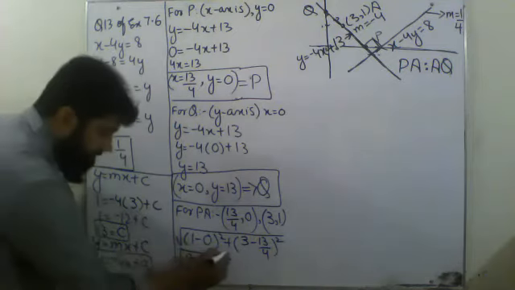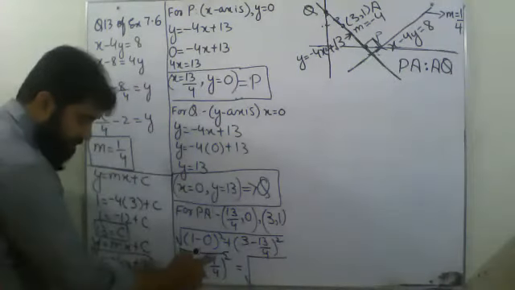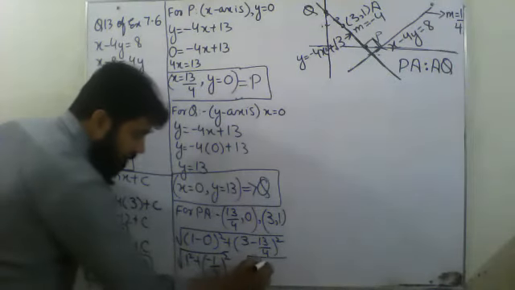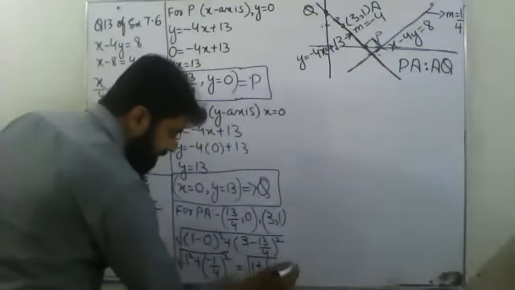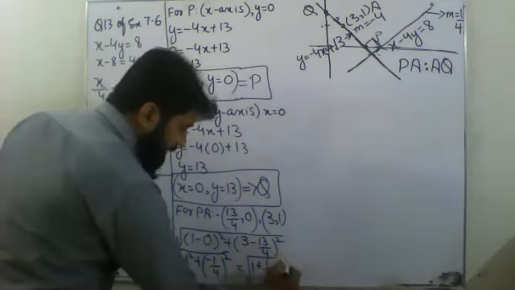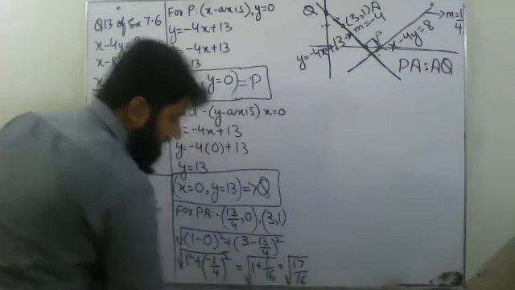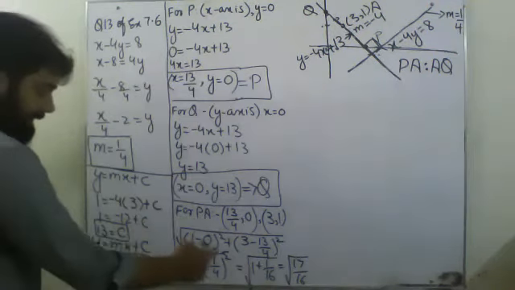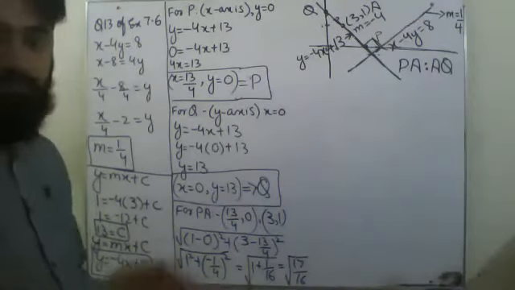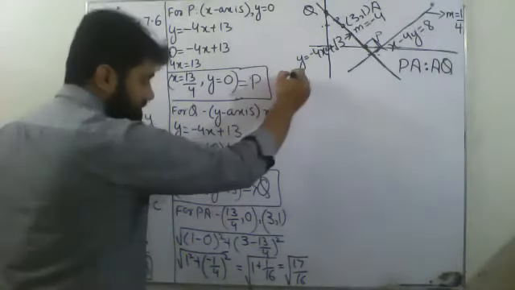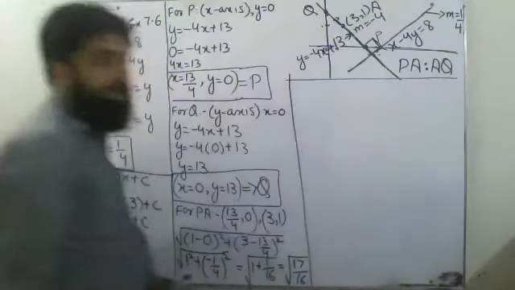Simplifying it further, 1 square will be 1 and minus 1 over 4 square will be 1 over 16. So when I finally simplify it, my final answer will be under root 17 over 16. For PA, I am getting under root 17 over 16.